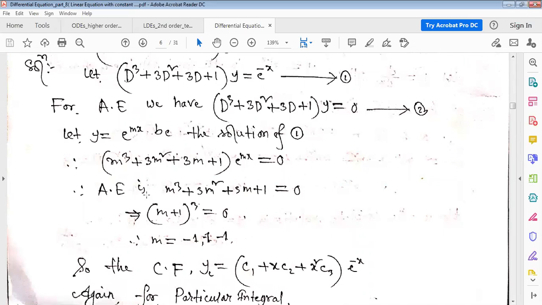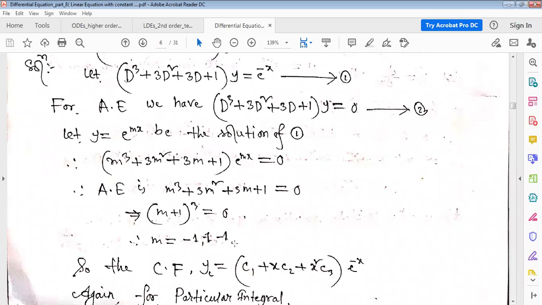So the auxiliary equation is m cube plus 3m square plus 3m plus 1 equals 0. This is the formula of a plus b whole cube, so it can be written as m plus 1 whole cube equals 0. So there are three roots for this auxiliary equation, for the left hand side of the given differential equation: m equals minus 1, minus 1, minus 1. That means three repeated roots.